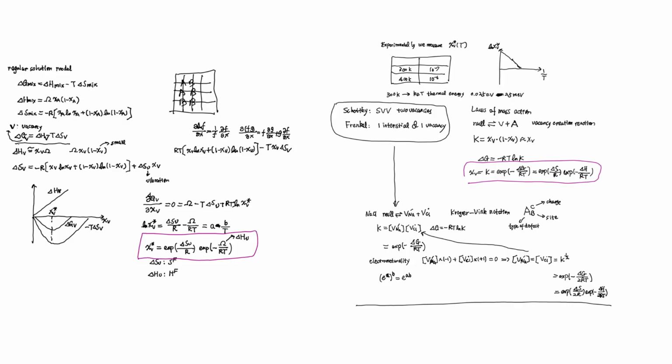So F here, I think it stands for formation. Didn't say it this way, but this is formation entropy, and this is formation enthalpy. But they correspond to the delta SV and delta HV we have over there.